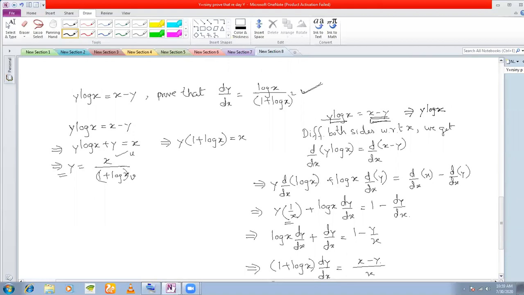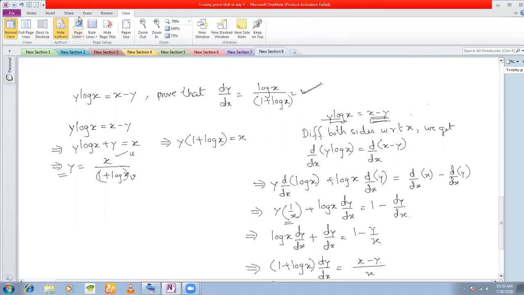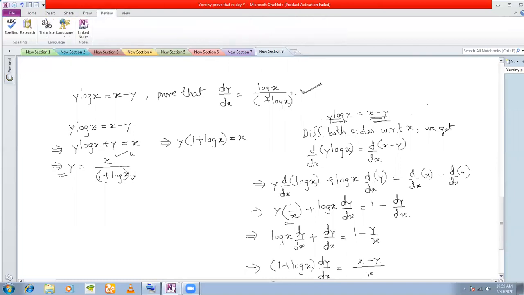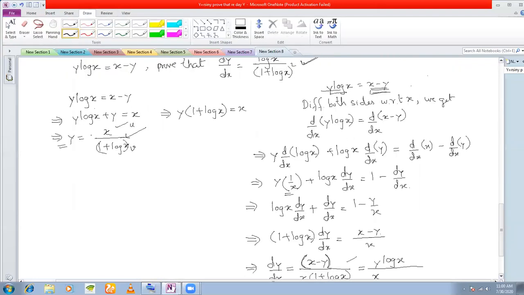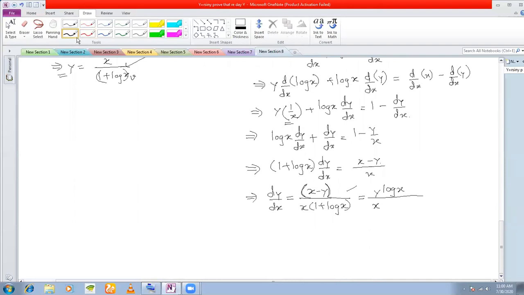In fact, you can put back the value of y simply. You can calculate y from here. I've already done this here, but I'll do it again. y log x is equal to x minus y.